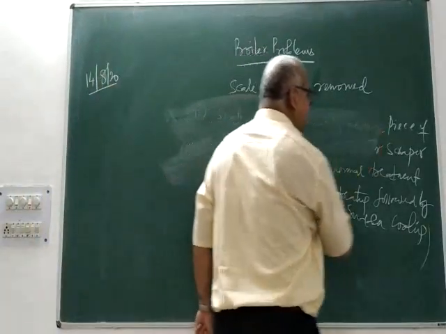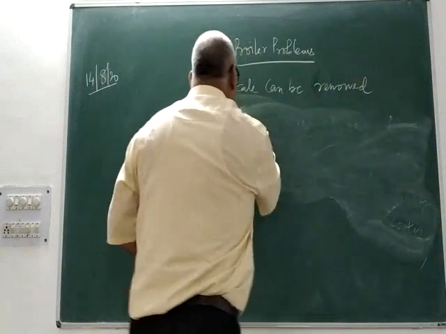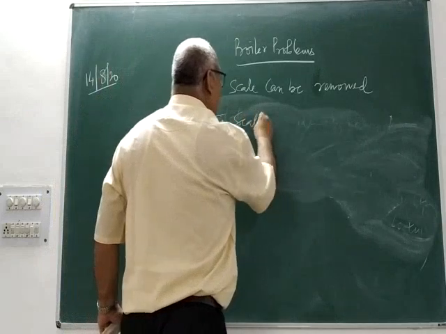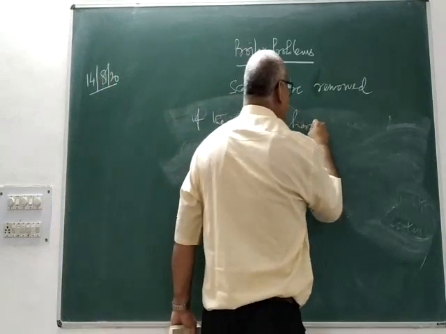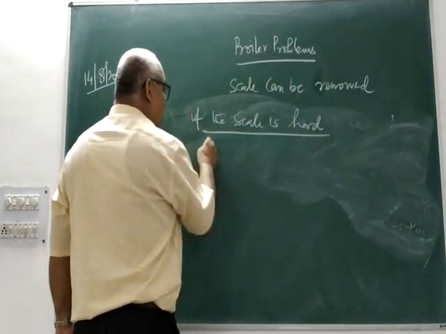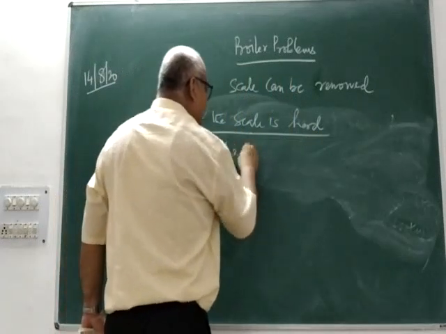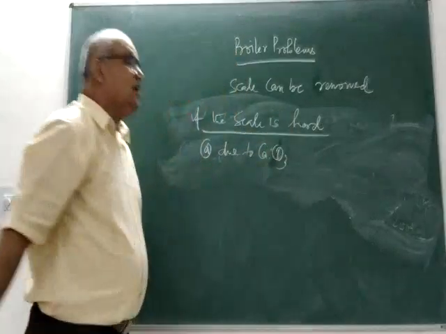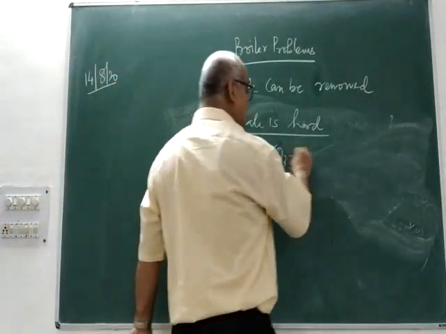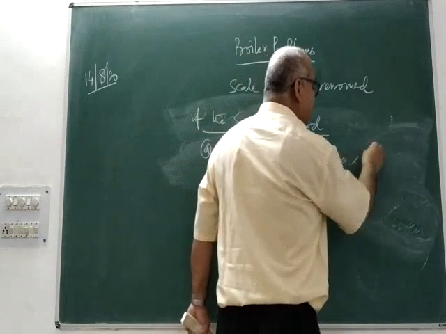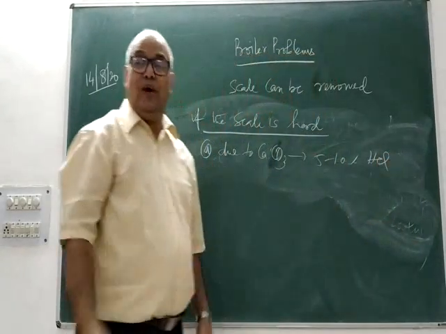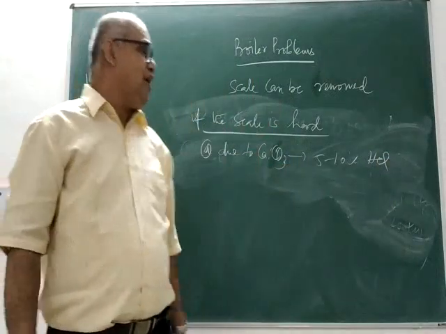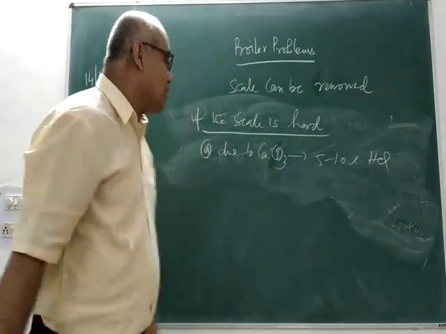Now third one, if the scale is hard, number one, and due to calcium carbonate, so this kind of scale can be removed by using 5 to 10% hydrochloric acid. You can understand, calcium carbonate will get dissolved in hydrochloric acid, producing soluble calcium chloride.